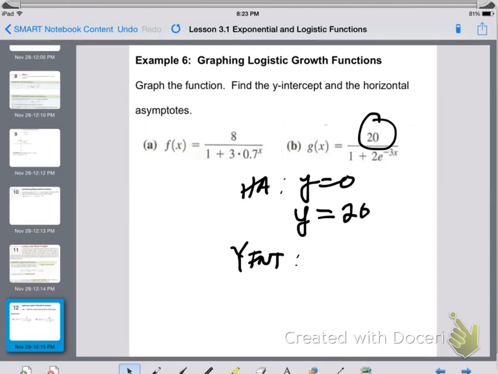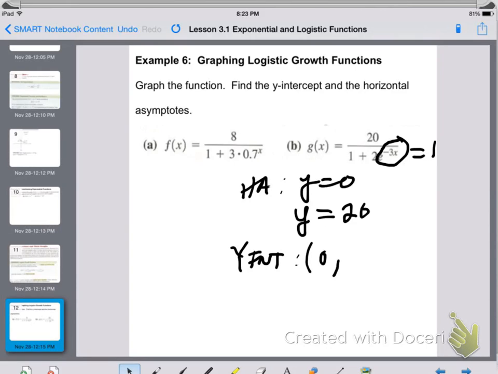The y-intercept, what we're going to do is plug in 0 for x. So 20 over 1 plus 2 times e raised to the negative 3 times x. When I plug in 0 for x, this e raised to the negative 3 times x is going to equal 1.